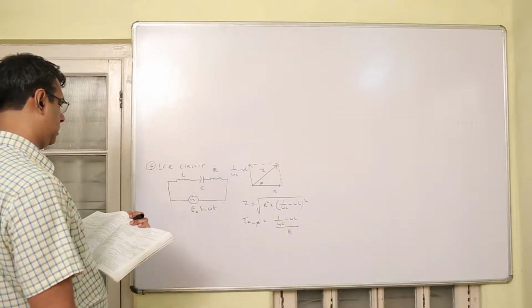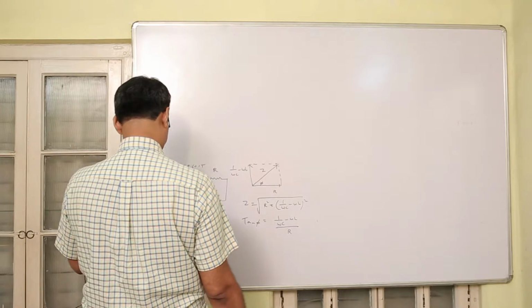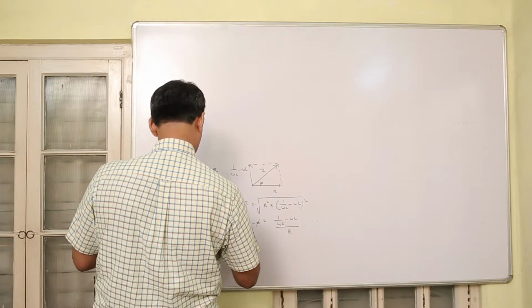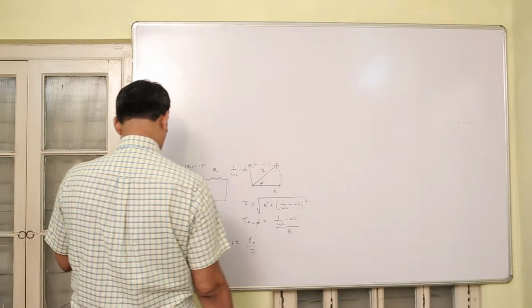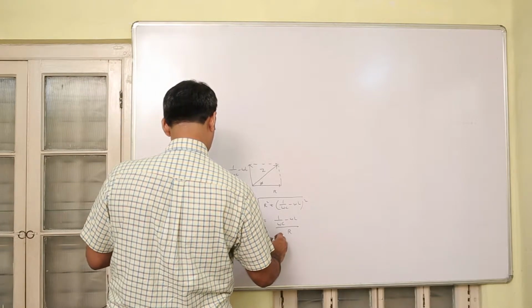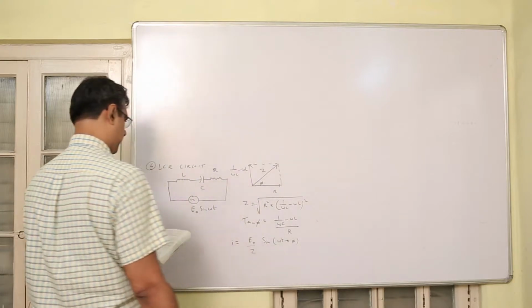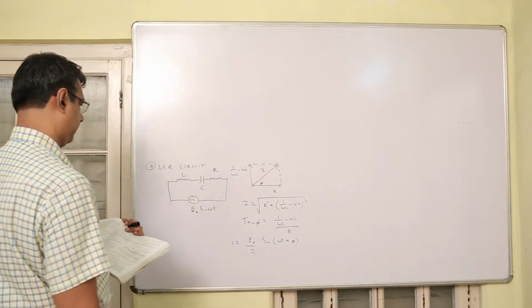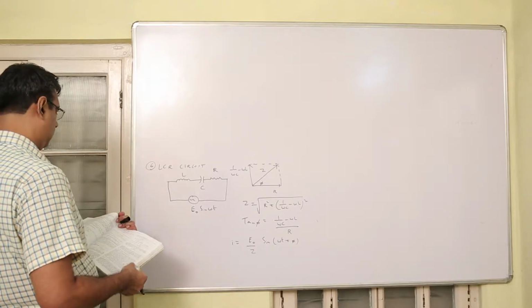Tan phi is 1 by omega C minus omega L by R. So I is equal to E0 by Z sine omega t plus phi. This is the value of I.